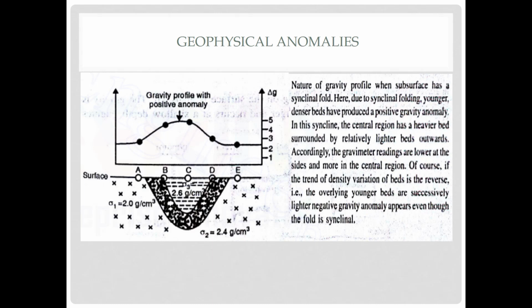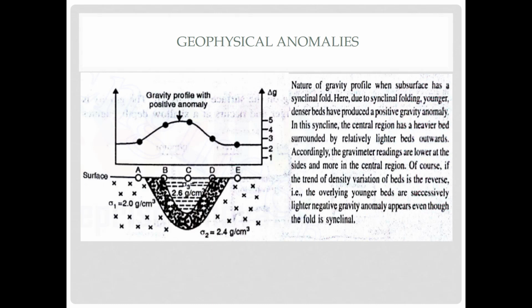Of course, the lighter beds are under that of the heavier beds on the central portion, but the majority of the heavier portion is found on the central portion. That is why the gravity profile has a positive anomaly.